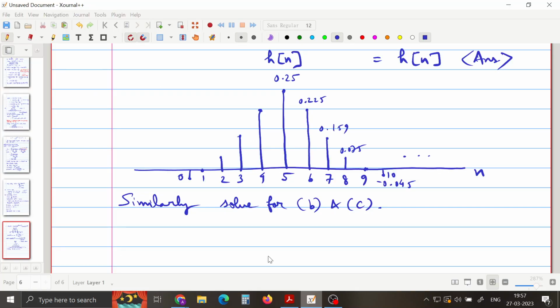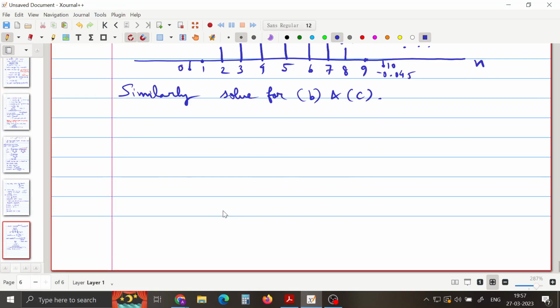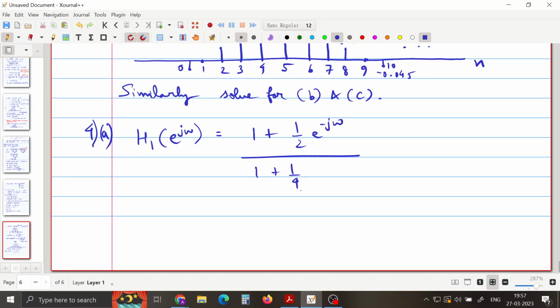So it shouldn't be much complicated. Alright, so in the fourth question and looking at the first part, let me write it down. So this is the frequency response of the first filter, first LTI system, like this. Okay, and the second one is given by this.